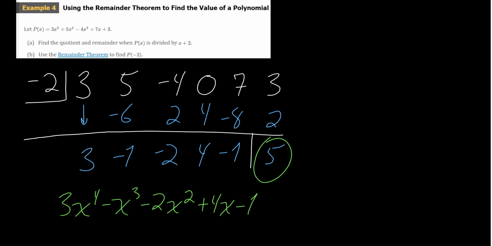So what this is saying is, if I evaluate this polynomial here at -2, then I will get 5, okay?